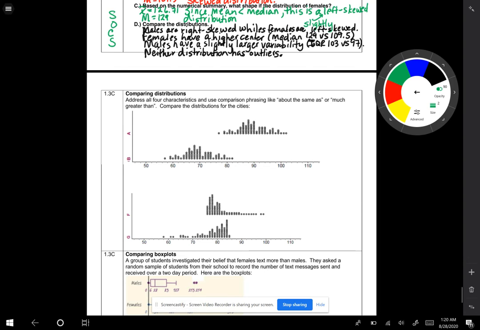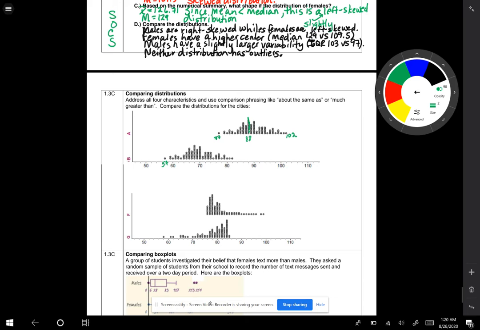So we need to know this number, 77. This is 102. Our peak right here is 88. And then looking at the bottom graph, this value right here is 57.